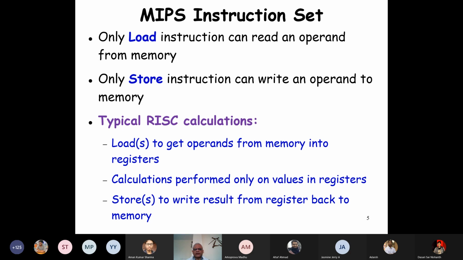Now, in a typical RISC calculation, which we'll do just after a while, we first load, because the operands or the variables are there in the memory. We have only a few registers, so we first load the operand from the memory into some register. We perform our computations.